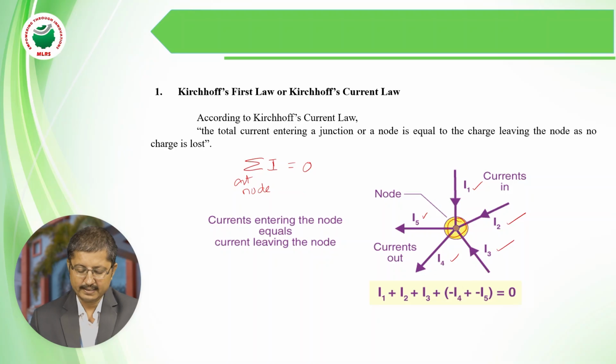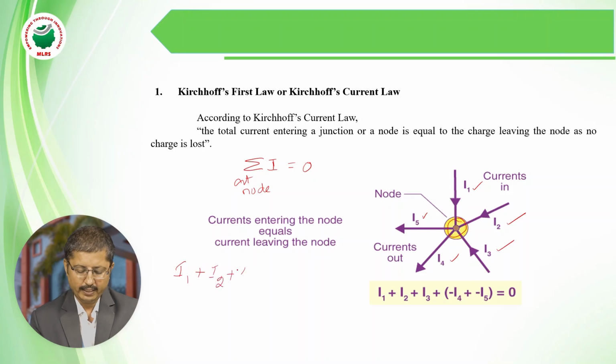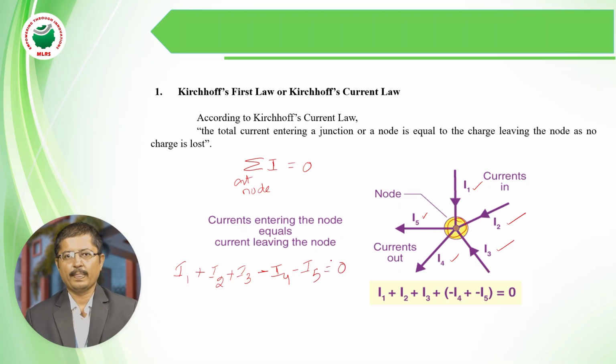Here we take the incoming currents as positive and outgoing currents as negative, or vice versa; you can take either direction. So I1 plus I2 plus I3 minus I4 minus I5 is equal to 0.